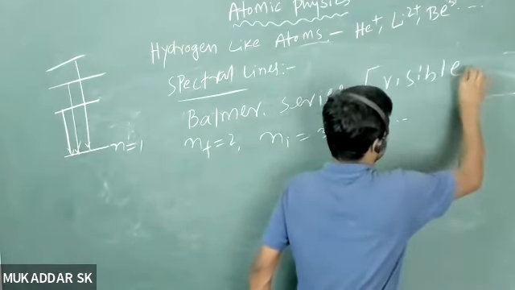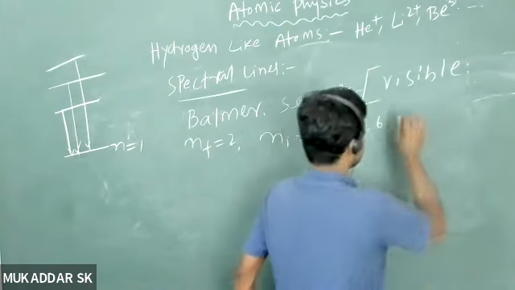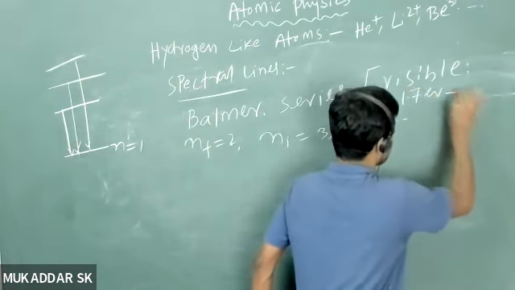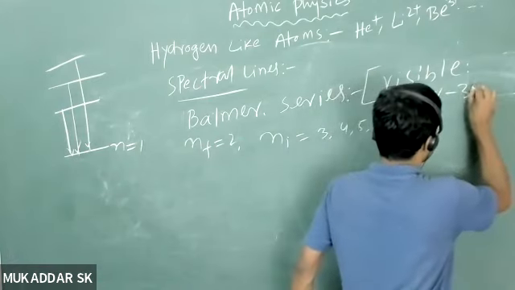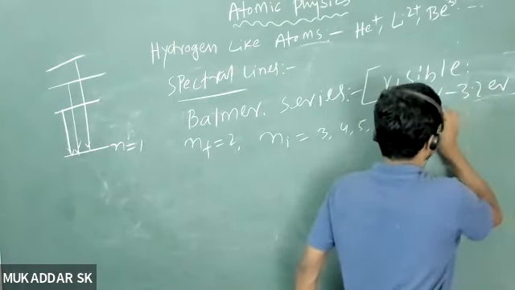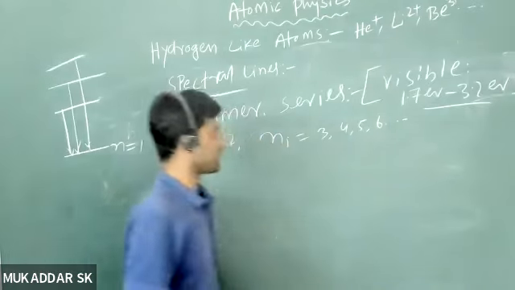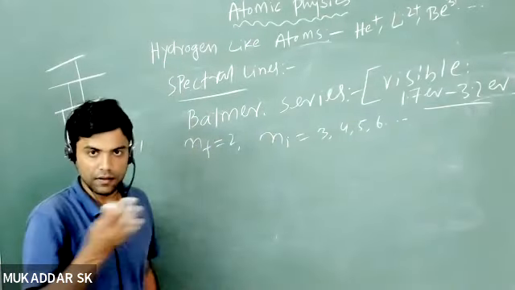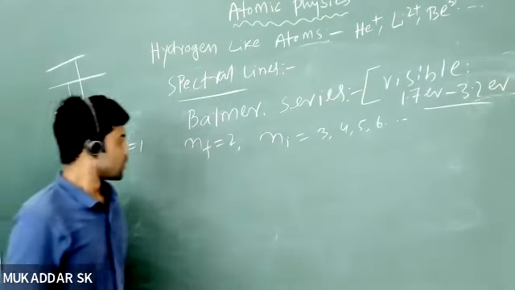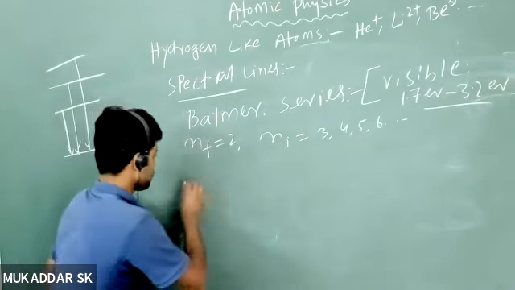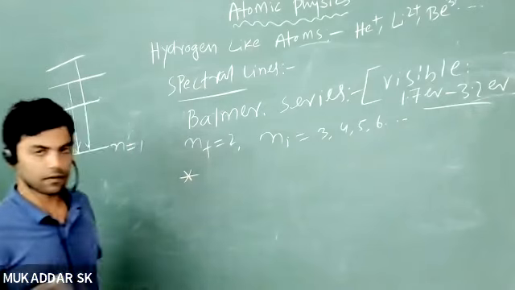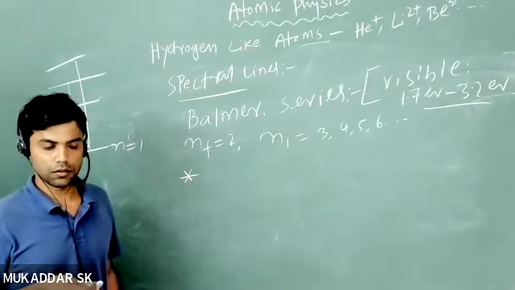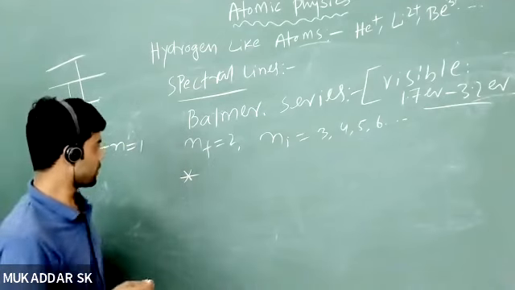The energy of the visible range is basically from 1.7 electron volt to 3.2 electron volt. So all the Balmer lines you will get in the visible range. Then next is which series? Paschen series. Very good.